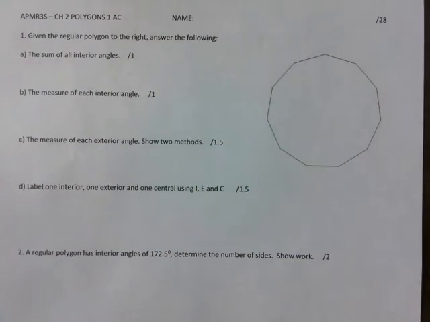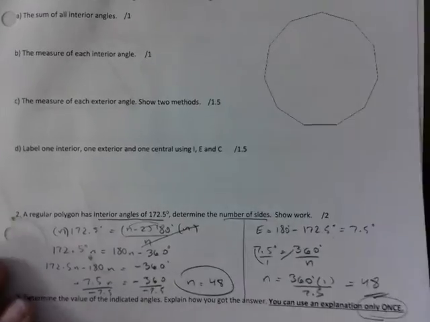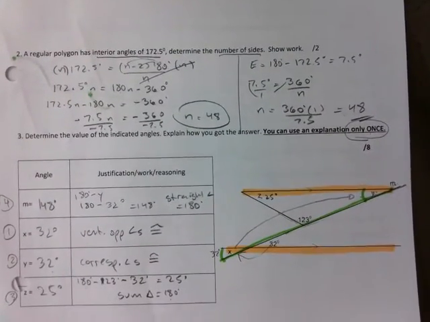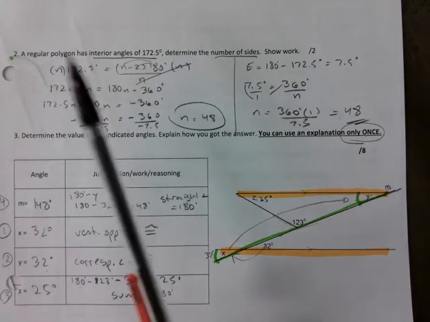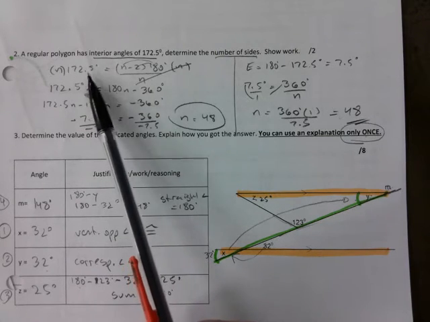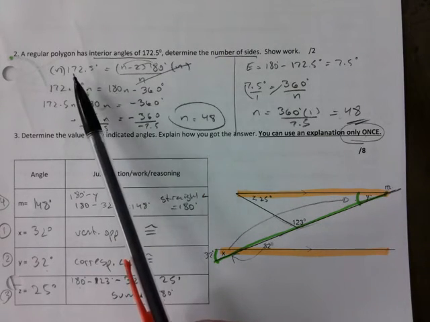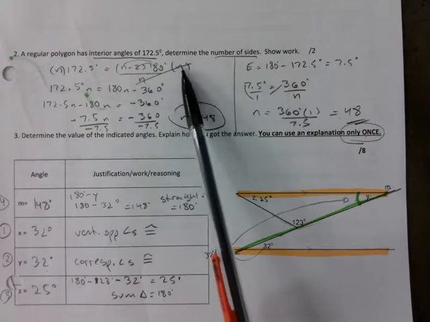So there's that. Maybe I'll switch over to this one because this key here shows both methods. So there are two methods of finding the number of sides given the interior angle. So there's the longer method, right, where I multiply both sides by n, right?